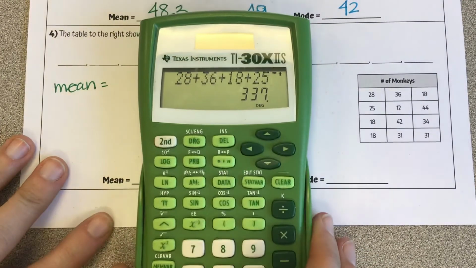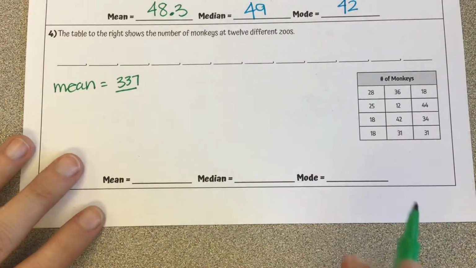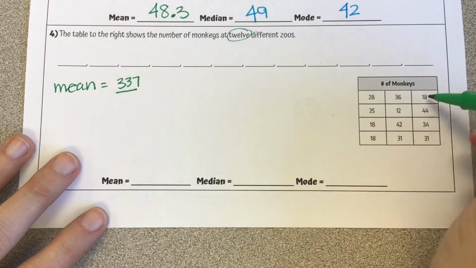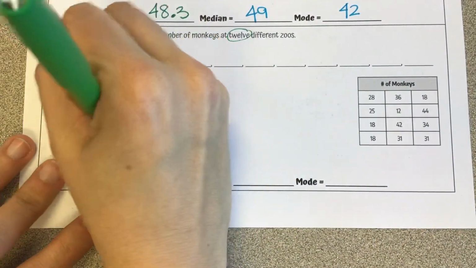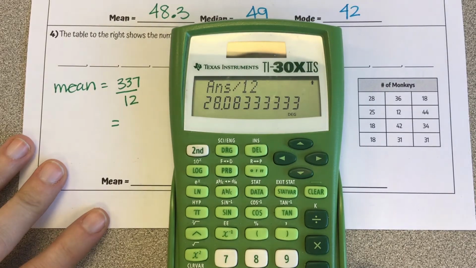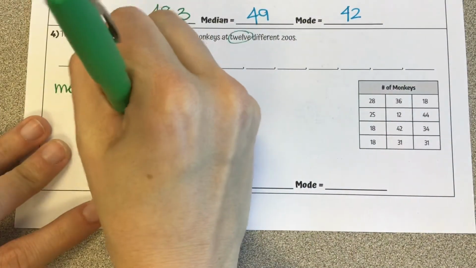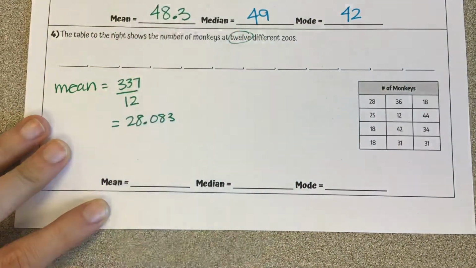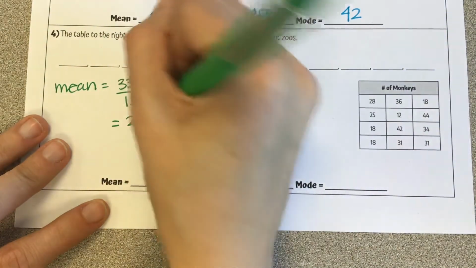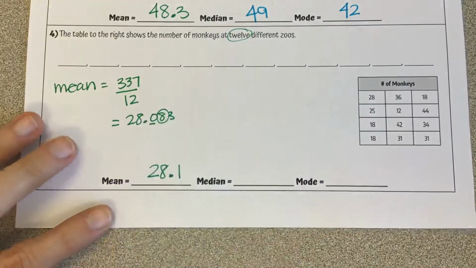We get 337. And we are going to divide. It says 12 zoos. I'll just double check. 1, 2, 3, 4, 5, 6, 7, 8, 9, 10, 11, 12. When I divide 337 divided by 12, we get 28.083333333. So I'm going to write that as 28.083. Rounding to the nearest tenth, I look at the 8. The 8 tells me I'm going to round my 0 up to a 1, so 28.1.